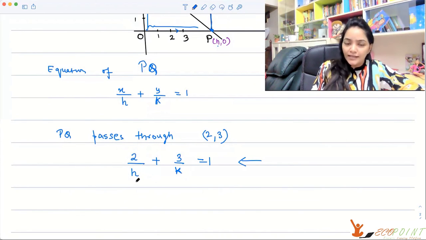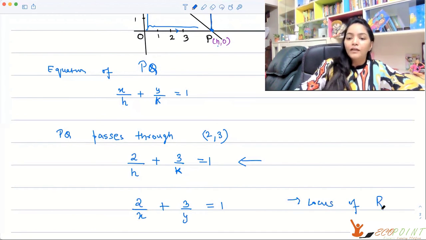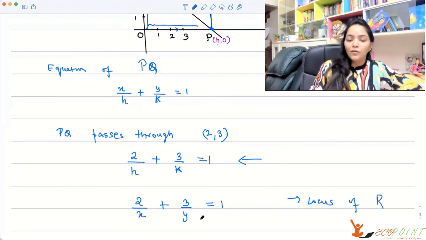So in a general form, you can write 2 upon X plus 3 upon Y equals 1 is the locus of R.